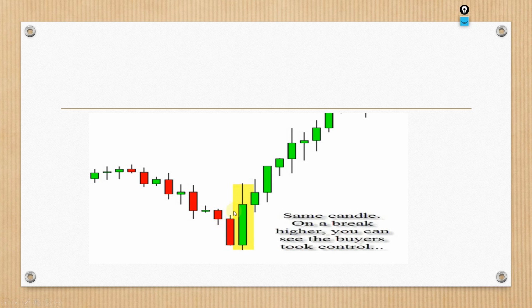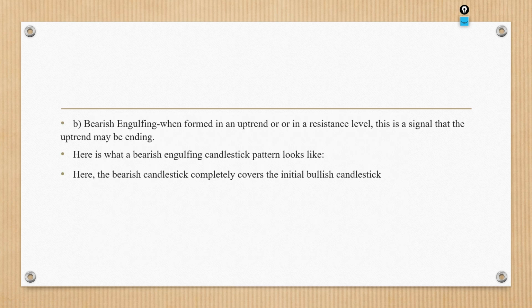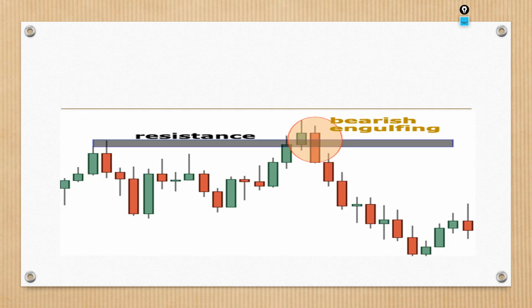So this now is a bullish engulfing candlestick. If it forms at a support, it's a bullish engulfing candlestick. If it forms at a resistance, it's a bearish engulfing candlestick. So here is a bearish engulfing candlestick, here's a resistance, and we have this candle being engulfed, and here, boom, the market fell down.